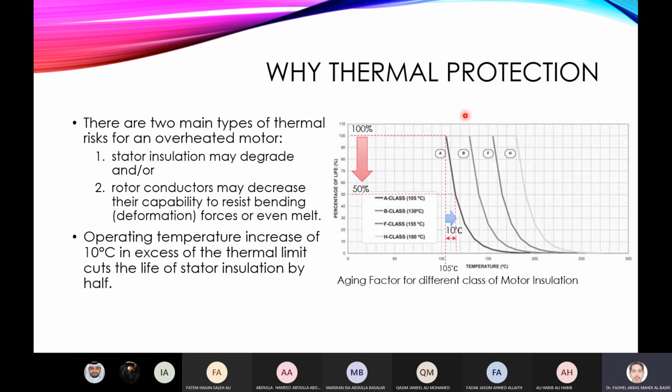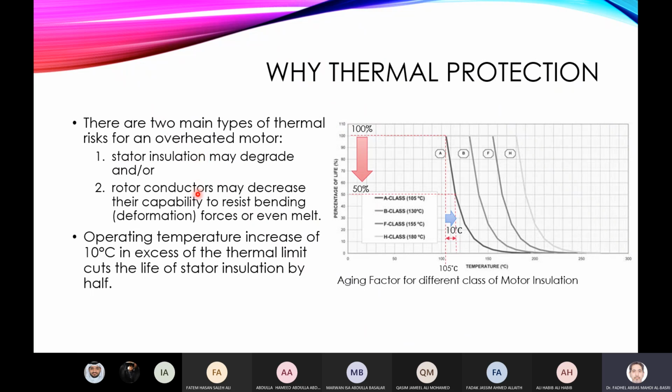So why do we need thermal protection? There are two main types of thermal risk for overheated motors. First of all, the insulation of the stator will get damaged.